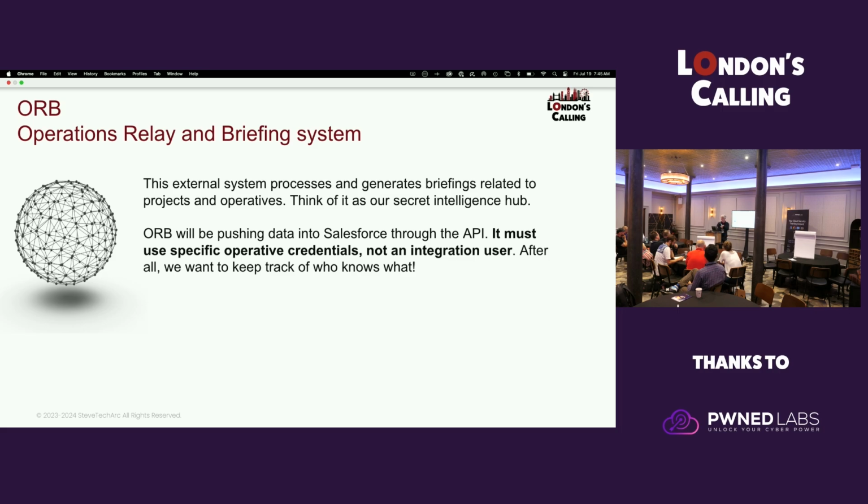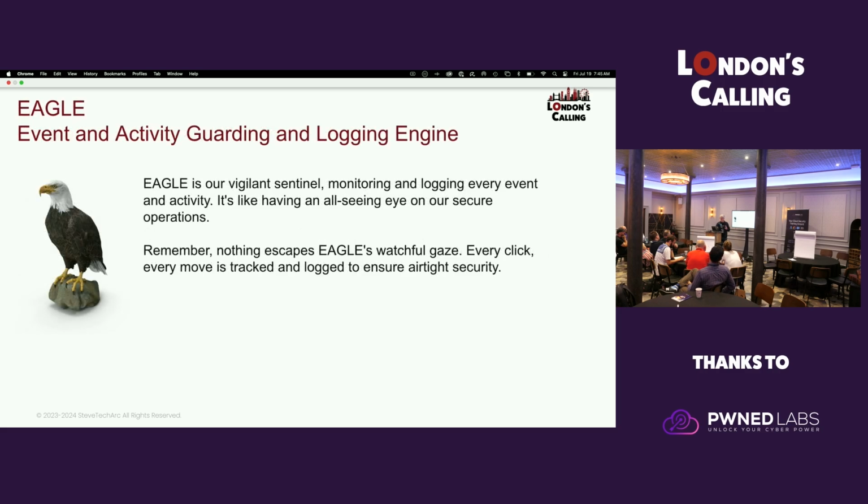It'll be on the system landscape, and not all of you will solve this problem. Then I'll go back in the slides as needed. Then we have Eagle, the event system, and only one of the teams will need to deal with Eagle. Eagle is our vigilant sentinel, monitoring and logging every event, and nothing escapes Eagle's watchful gaze. Eagle is logging security events, key events, and may take action.